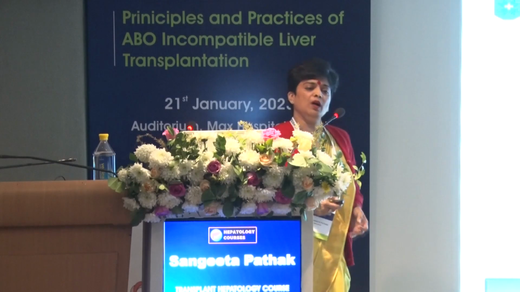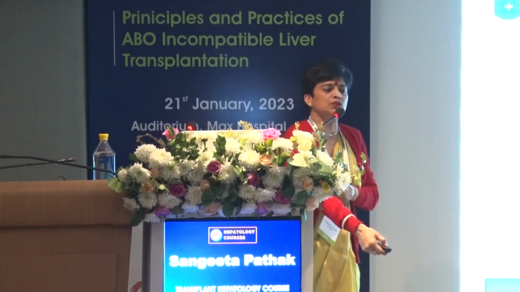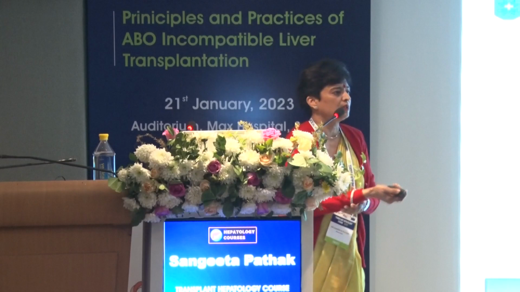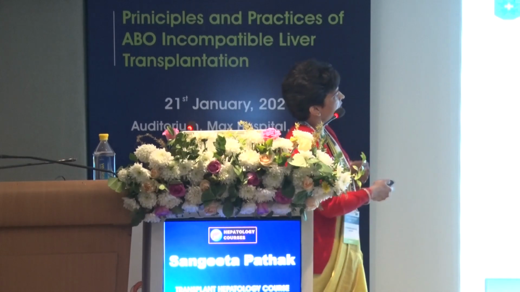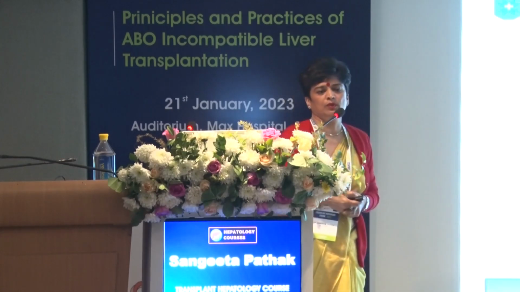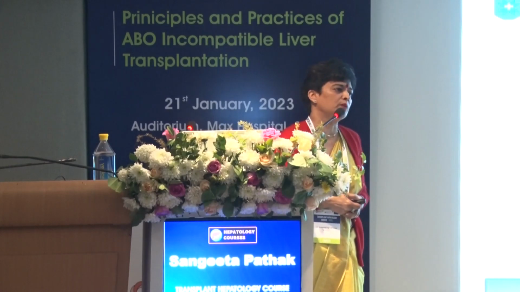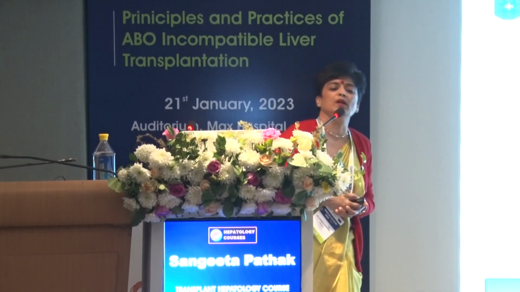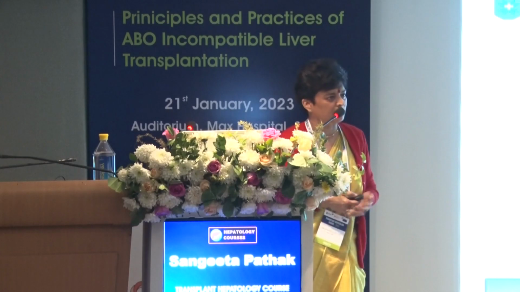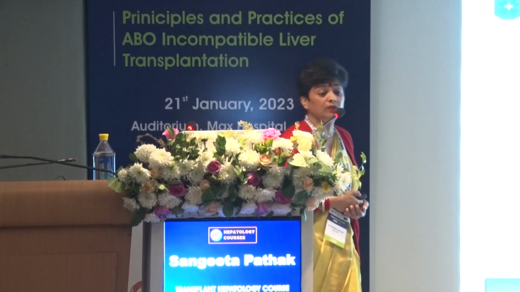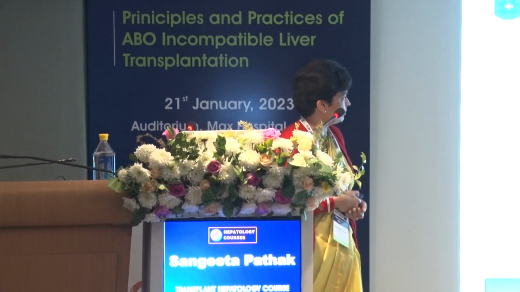Now, how much plasma exchange should actually be done with the patient? The exchange is usually in terms of a plasma volume, and whenever we talk of plasma volumes, we usually talk about 1, 1.5, 3. So how is the plasma volume calculated?